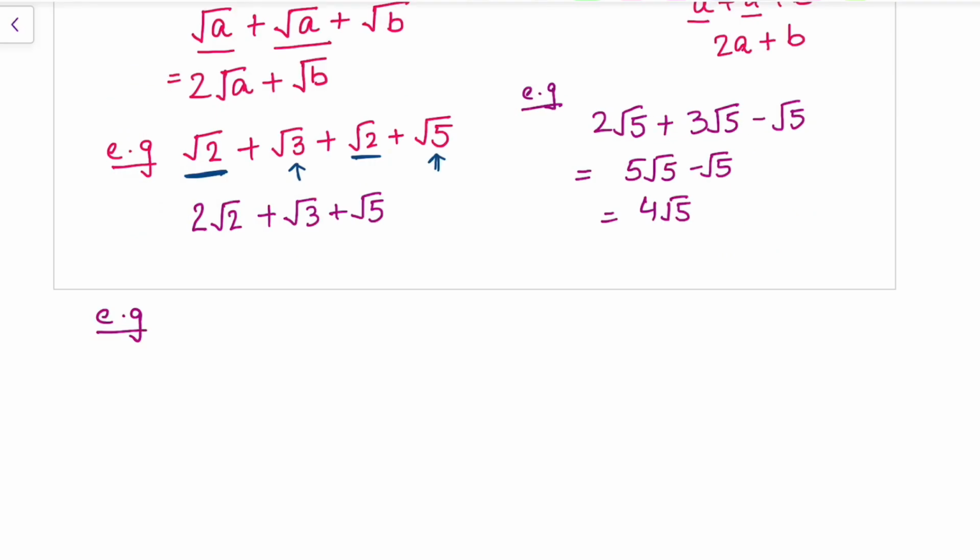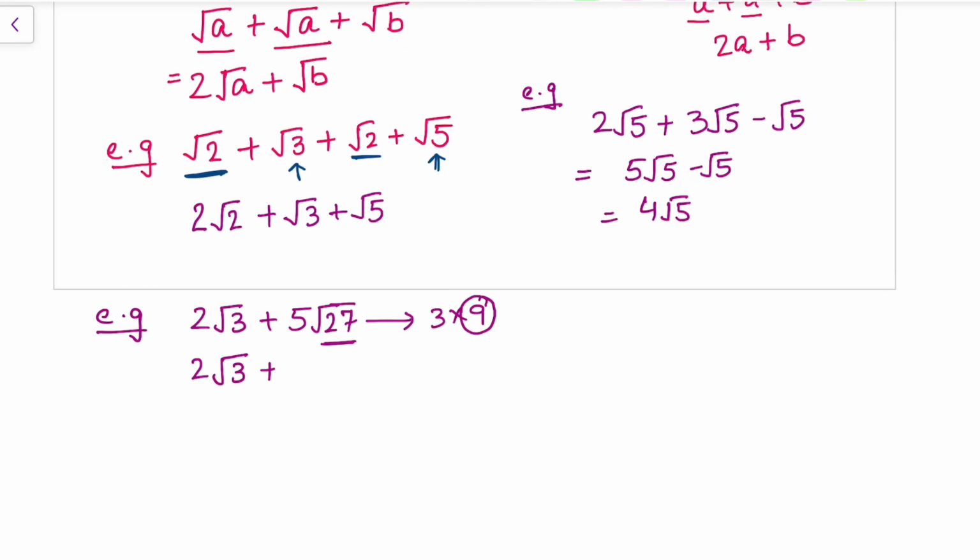Now let's do a couple more. Let's do 2 square root of 3 plus 5 square root of 27. Here we will have to simplify one of the surds. We cannot simplify root 3 further, but we can simplify root 27, because 27 is 3 times 9, and 9 is a square number.